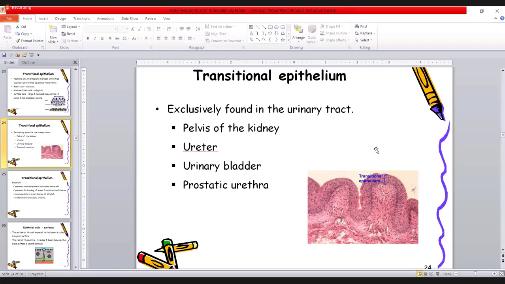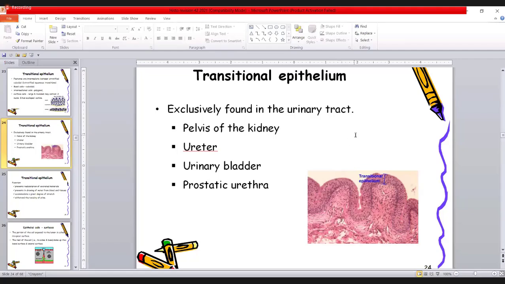Thirdly, because the urine is highly concentrated, what's its third function? Resist osmotic effects. It prevents water from being absorbed from the cells into the urine because of its high concentration.